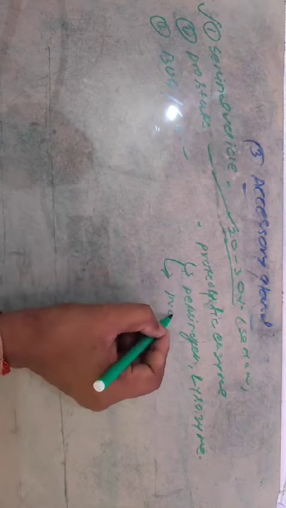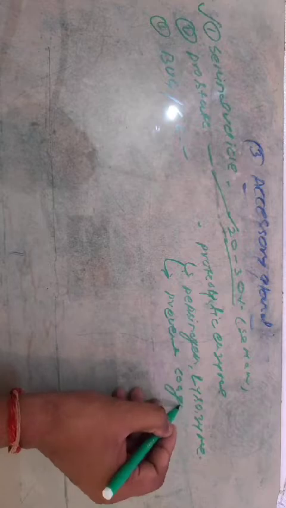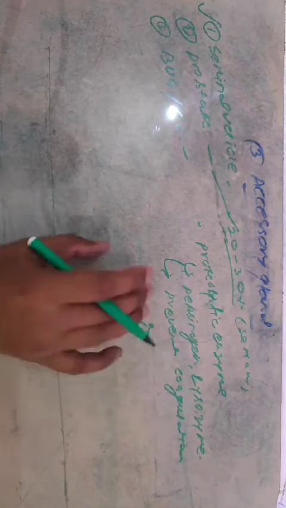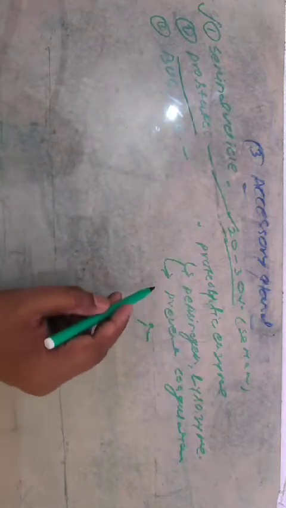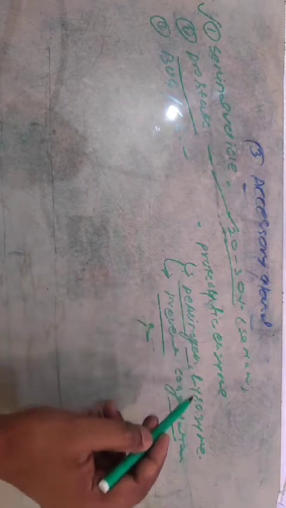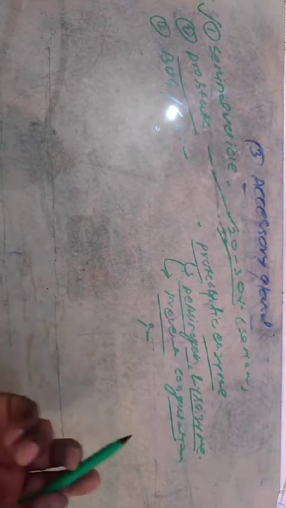The basic function is to prevent sperm coagulation. Coagulation means sticking together; these enzymes protect the sperm from sticking together. So what is the basic function of the prostate gland? The basic function of the prostate gland is to prevent coagulation of sperm. It consists of pepsinogen and lysozyme, proteolytic enzymes, and it contributes 20 to 30% of the overall semen.